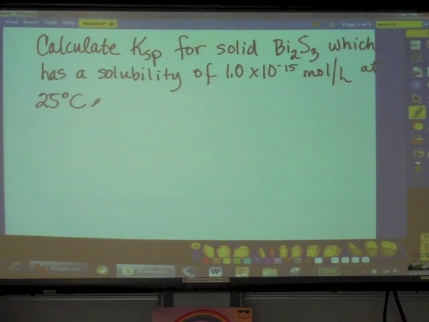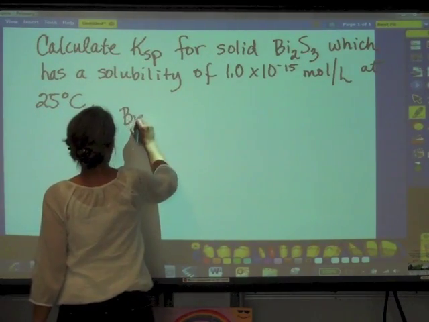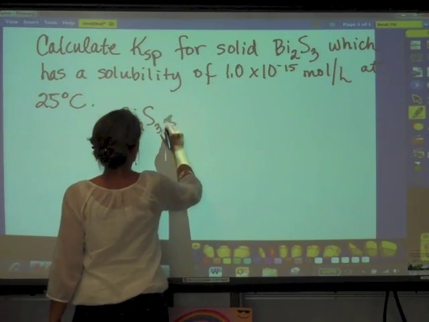Okay, so the first thing is we need to write an equation that represents bismuth sulfide as it's going into solution. And so it's going to look like this. Bi2S3, that's a solid.